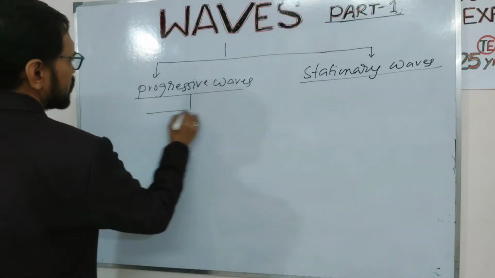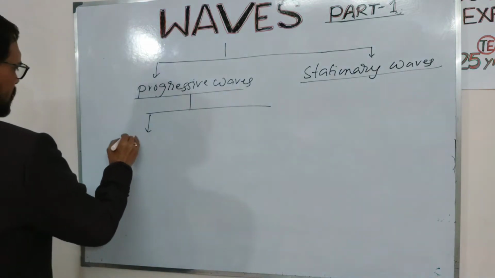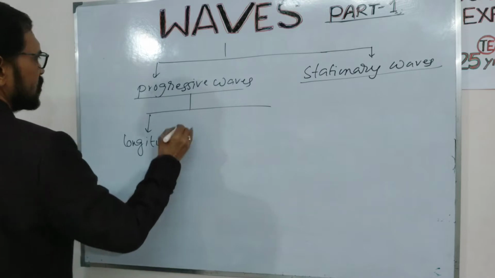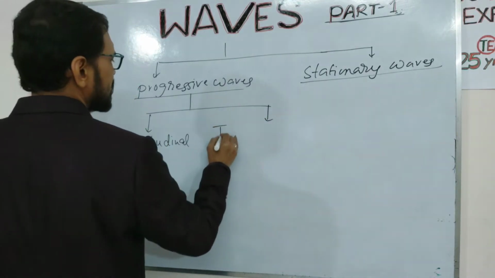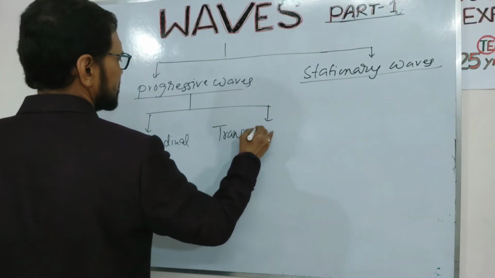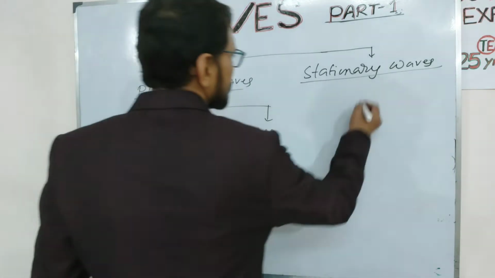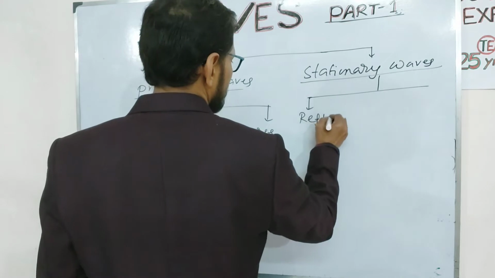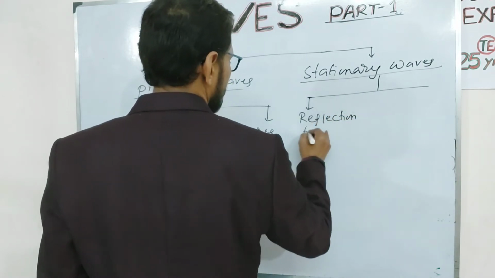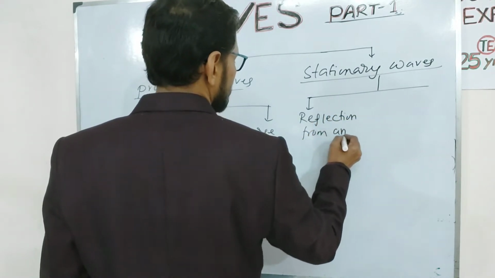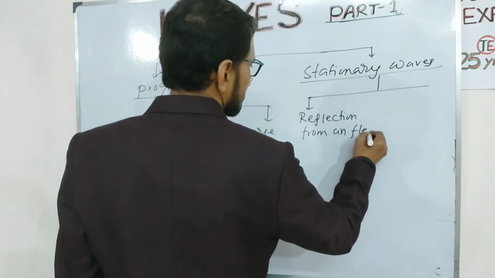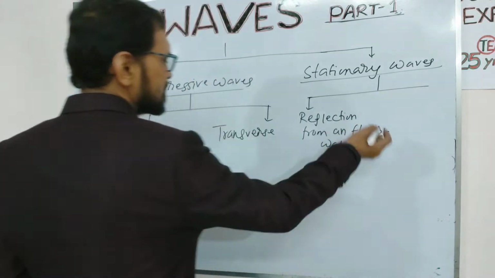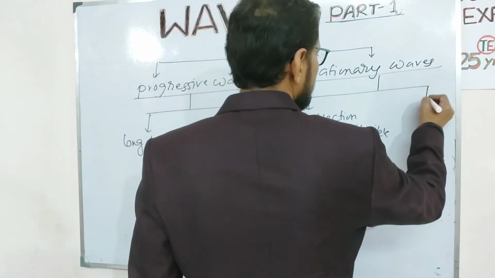Progressive waves are divided into two categories: one is longitudinal waves and another is transverse. And stationary waves are formed by reflection from a flexible wall. I will discuss later in detail what is a flexible wall and what is a rigid wall.